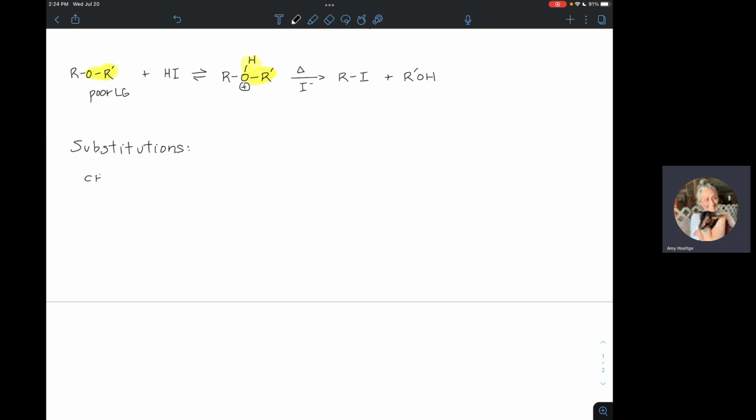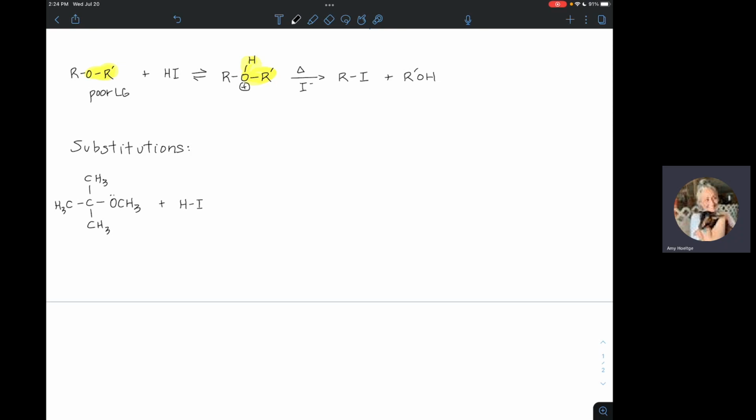So if I start out with a tertiary carbon, the ether looks like maybe something like this, right? So you have your tertiary carbon, and I allow this to react with a strong acid.